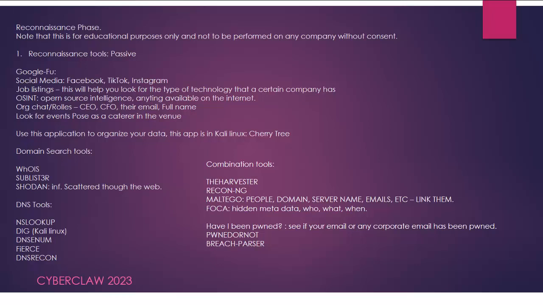Next one, Fierce. Fierce is a semi-lightweight scanner that helps locate, again, non-contiguous IP space and host names against specified domains. It's really meant as a precursor to Nmap. So if you guys know Nmap, you might be familiar with what I just said.